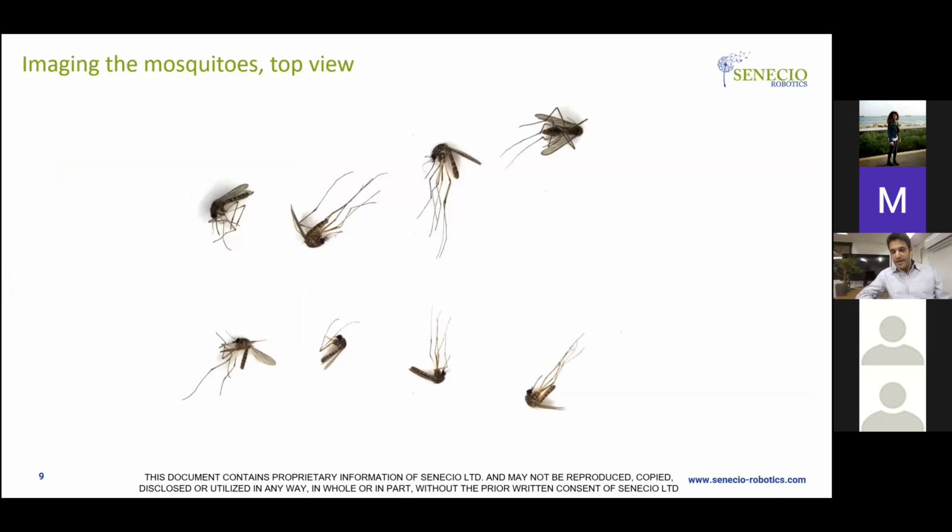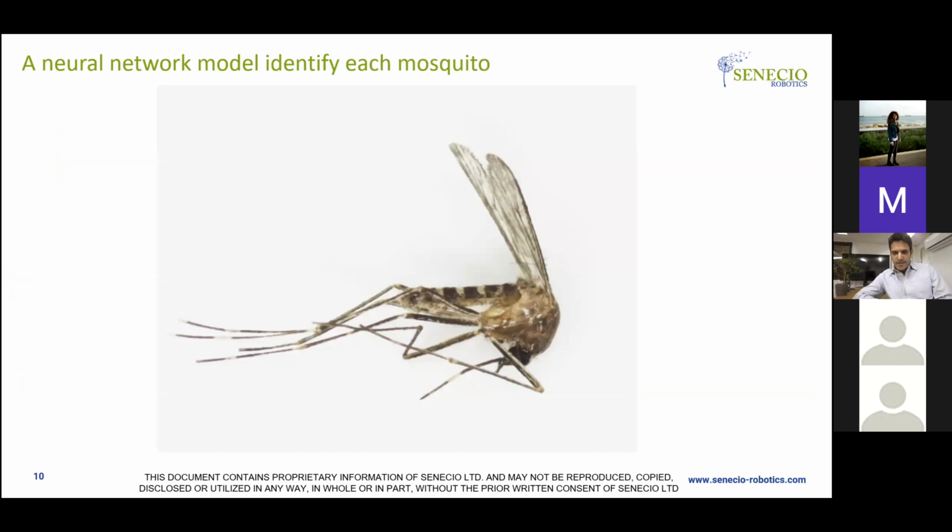It looks like that. We are using vision processing and a neural network in order to automatically identify the mosquitoes in the image and crop each of them. We have high resolution top view images.